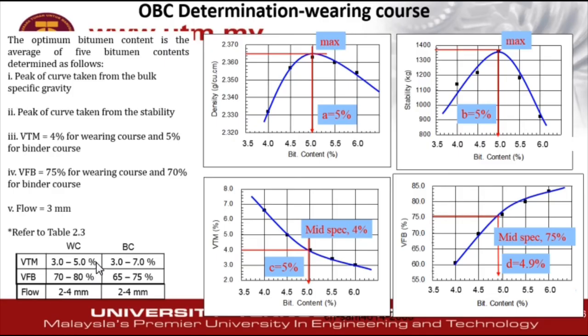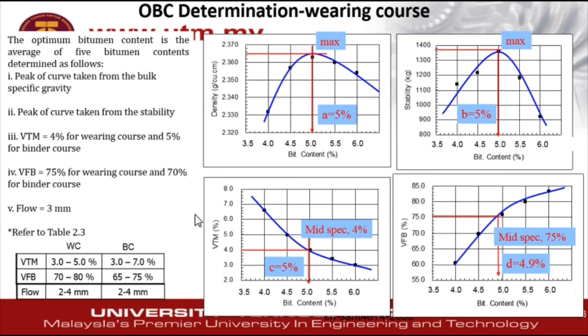And for binder course, the limit is between 3 to 7%, so that's why the mid-spec is 5%. Let's assume the data plotted in this slide is for wearing course. So now the bitumen content at the mid-spec VTM of 4% is determined, and C assigned here for the bitumen content is 5%.